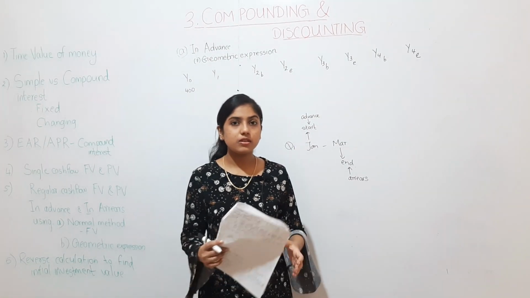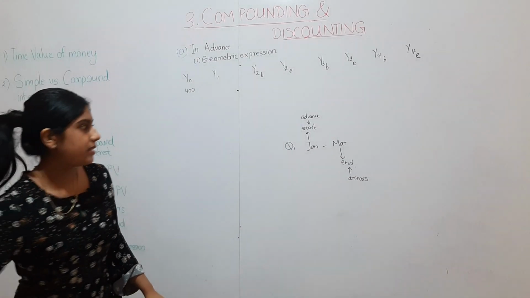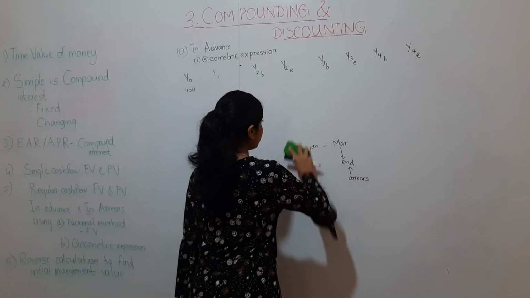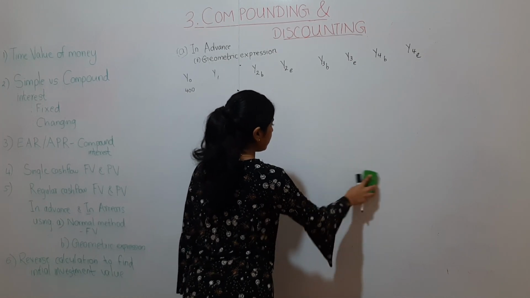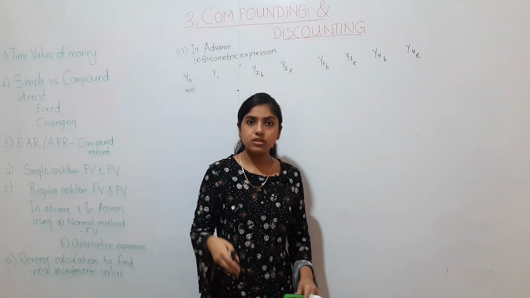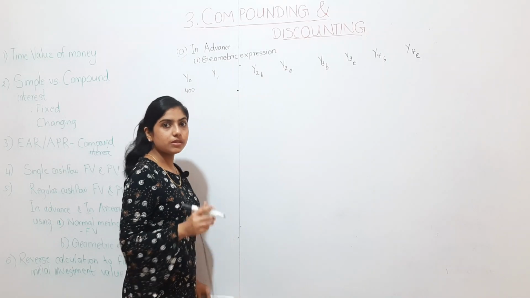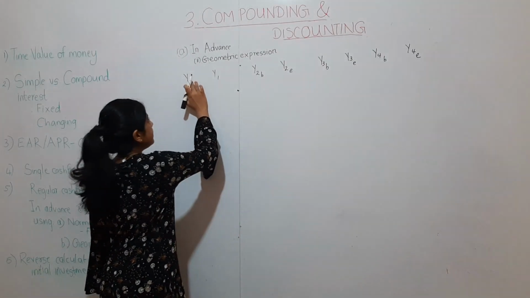So this is what we need to keep in mind. Another thing is that advance payments always start with today. So, you will always have a period starting with 0.